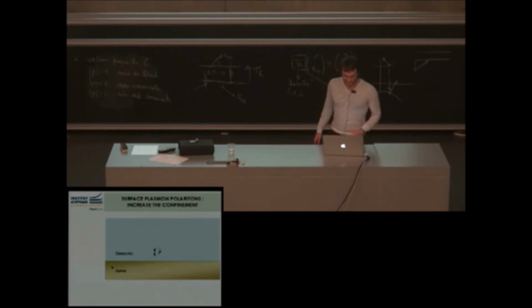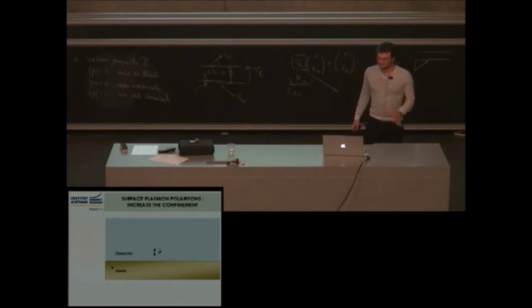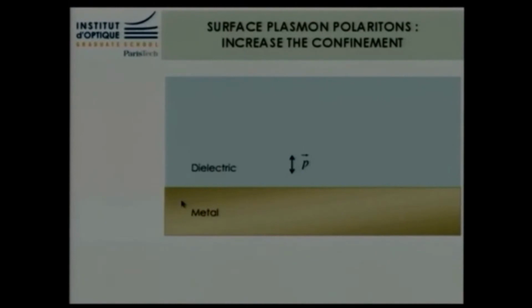So to cope with this issue, one may use plasmonics to further increase the confinement. If one puts a dielectric metal interface in the near field of a dipole, it can excite surface waves called surface plasmon polaritons. So the electric field of a surface plasmon mode decreases exponentially with a typical length of a few nanometers in the dielectric.